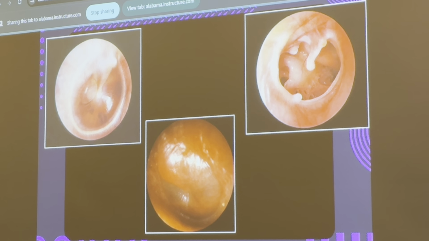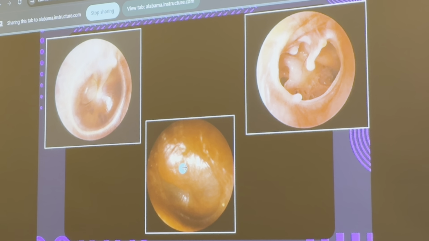This slide right here is a great slide, just a couple different types of severity as well. If you look at the top left one right over here, can everybody see that kind of fluid bubble forming? That's what I'm saying when I say the fluid behind that ear. That's what we're talking about.